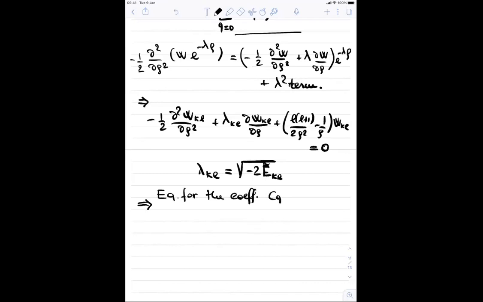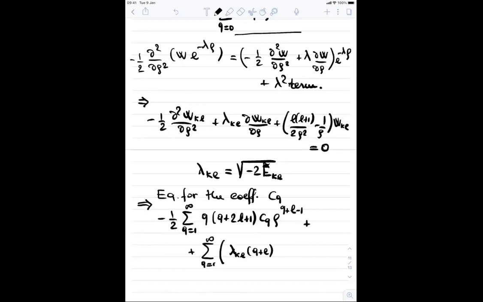Minus 1/2 the sum from Q equal to 1 to infinity of Q plus 2L plus 1 times CQ times rho to the power Q plus L minus 1, plus the sum from Q equal 1 to infinity of lambda KL Q plus L minus 1 times CQ minus 1 rho to the Q plus L minus 1 equal to 0.